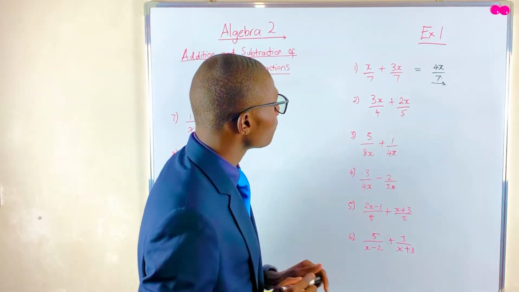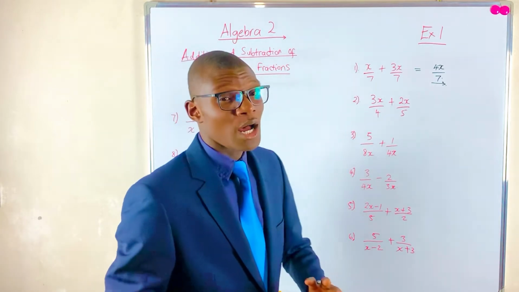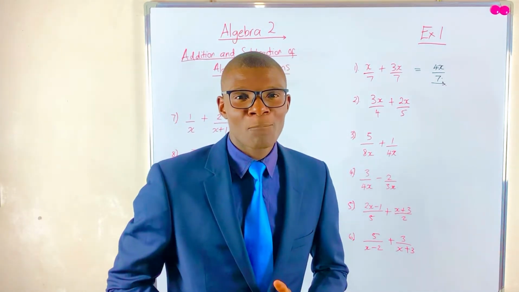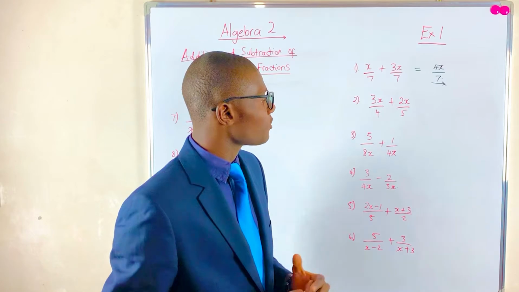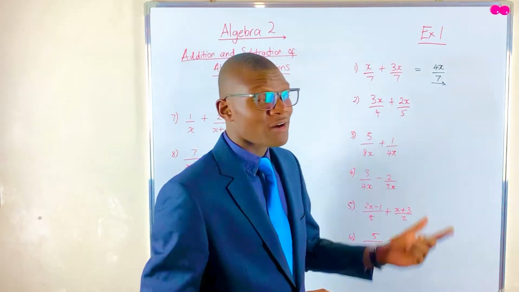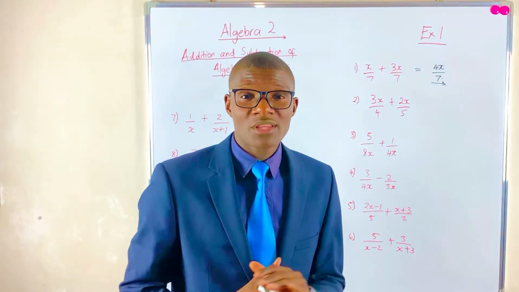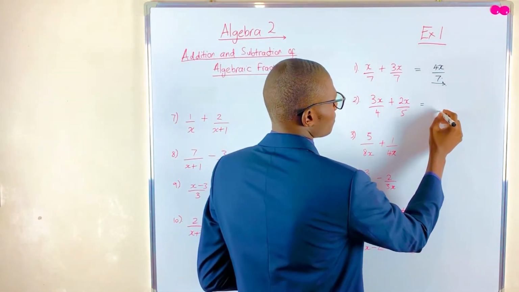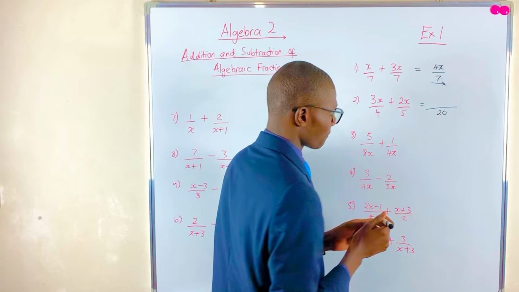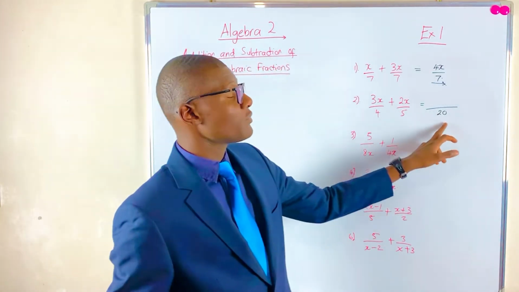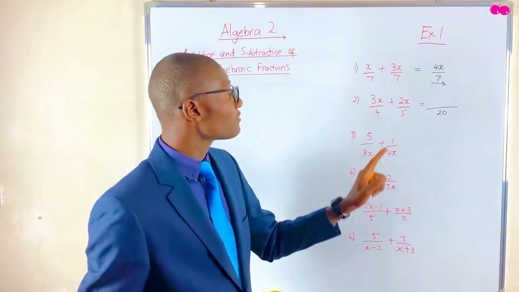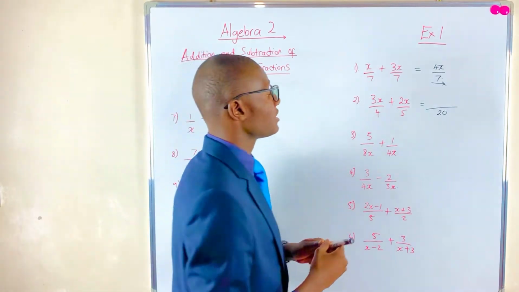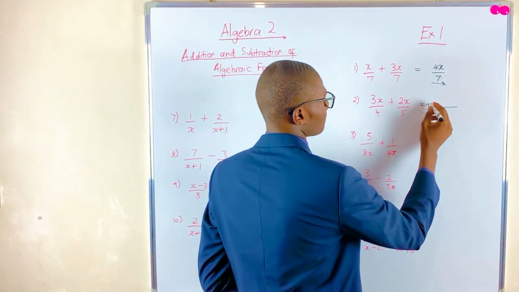Then number 2, we've got 3x over 4 plus 2x over 5. Figuring out the common denominator for 4 and 5, which is supposed to be the lowest common multiple, this would be 20. So we shall say over 20. Then 4 into 20, we get a 5. That 5 times 3x in the numerator will give us 15x.